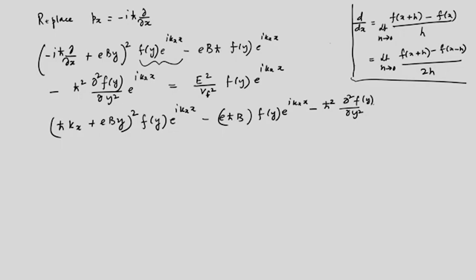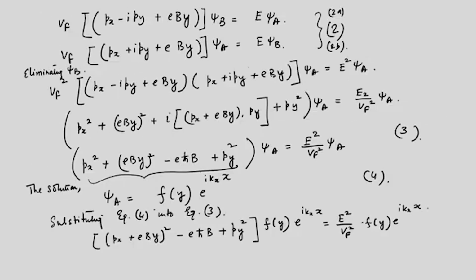This f is a function of y and e^{ikx}, and this is equal to e² by v_F² f(y) e^{ikx}. Okay. Of course, the exponential term etc. cancels out from both sides because they are not equal to 0. So, further simplifying.